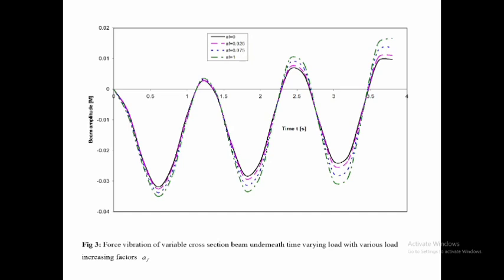Consider figure 3. Force vibration of variable cross-section beam under time varying load with various load increasing factors. You can see here, as we increase the load increasing factor, the deflection increases.